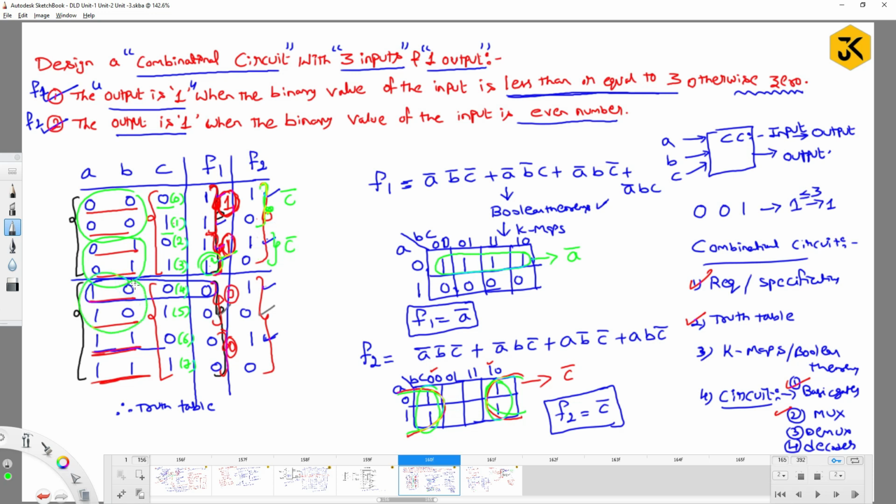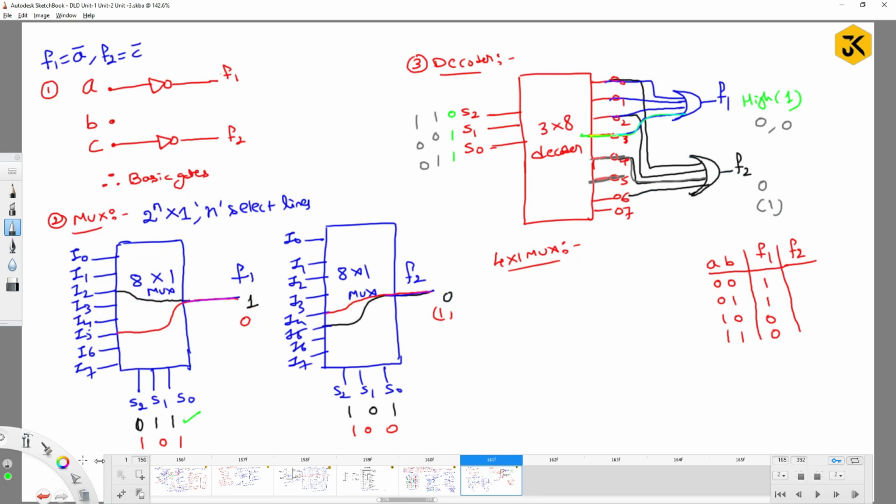Similarly, 1 0 as input, again it is a complement of C. 1 1 as input, again it is a complement of C. So I can write F2 in another way as C complement, C complement, C complement and C complement.